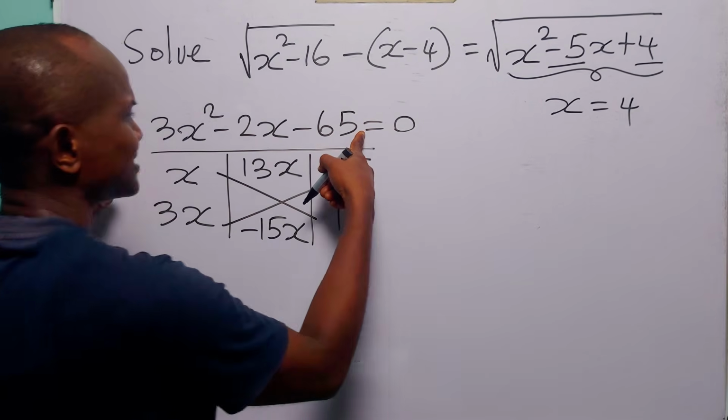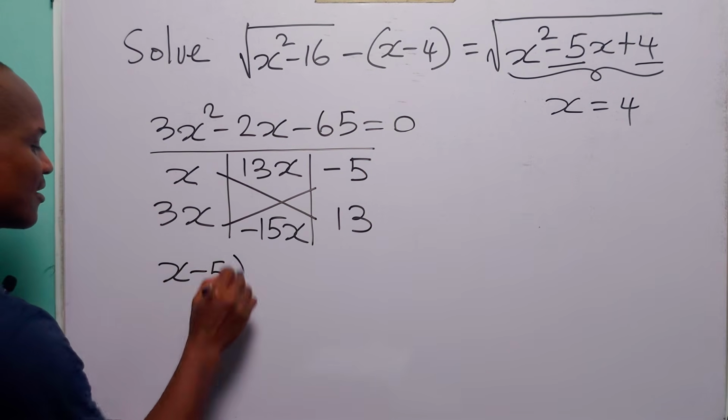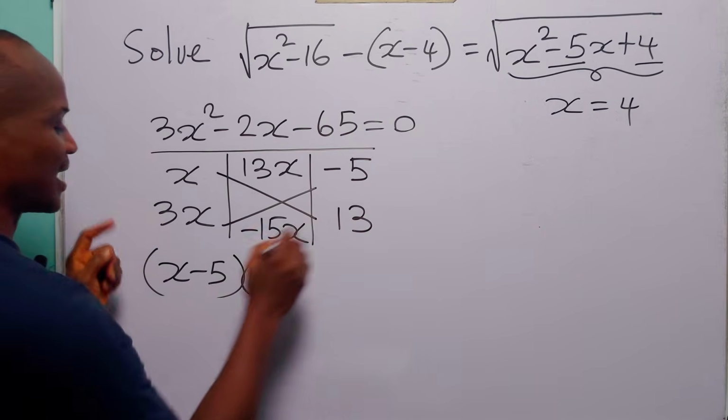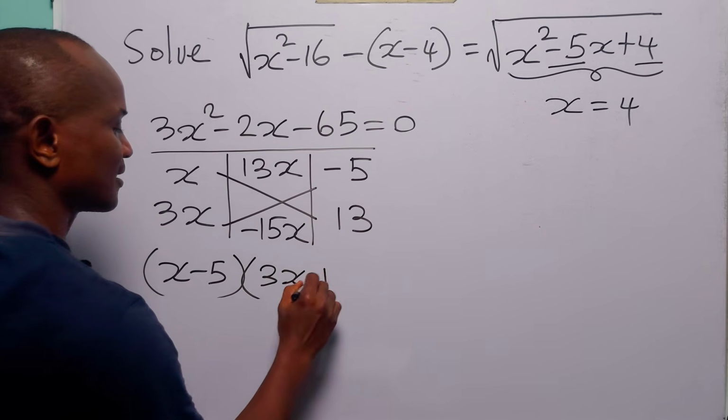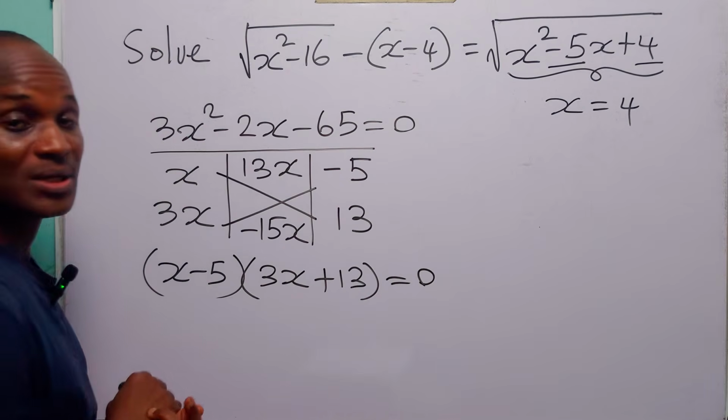So when we factorize the left-hand side of this equation, we have x minus 5 multiplied by 3x plus 13. And of course, this is equal to 0.